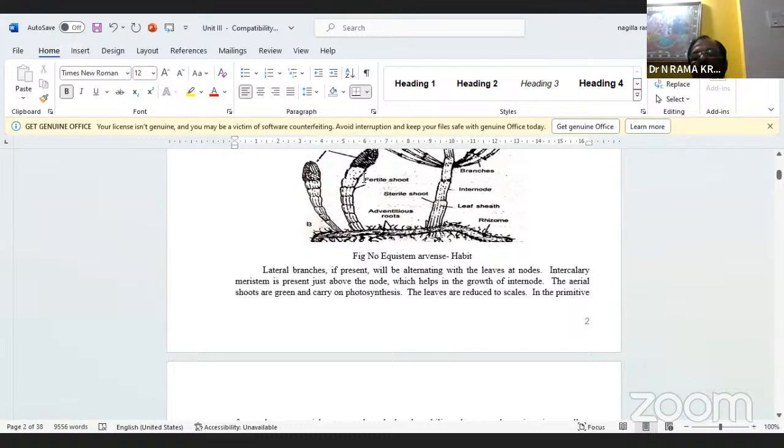Each strobilus is composed of an axis from which arise whorls of stalked, plate-like sporangiophores. The number of sporangiophores in each whorl varies from few to many.